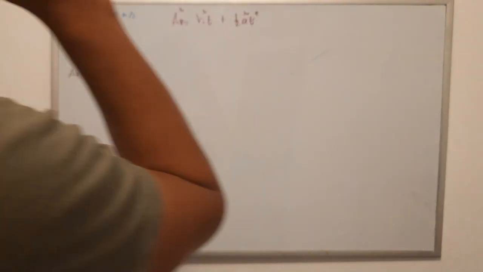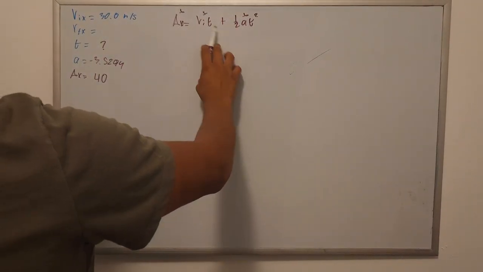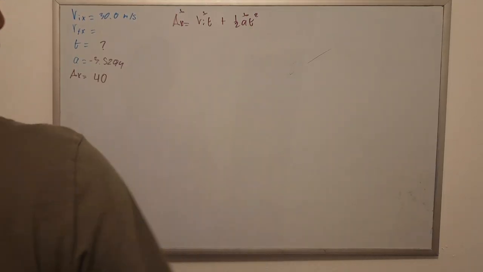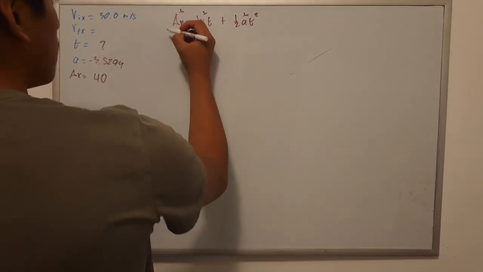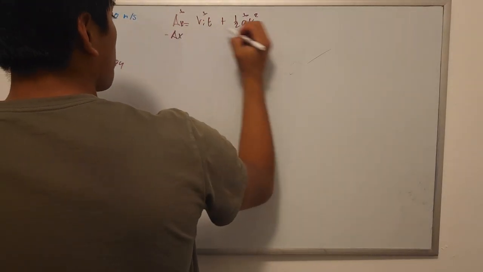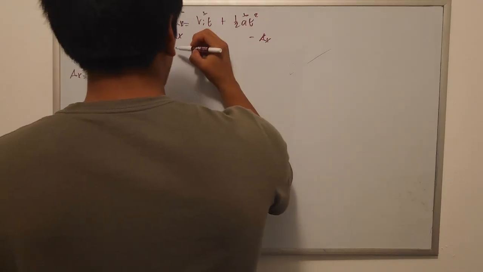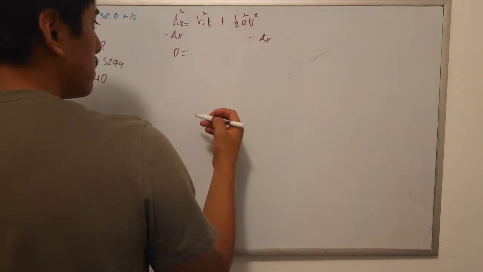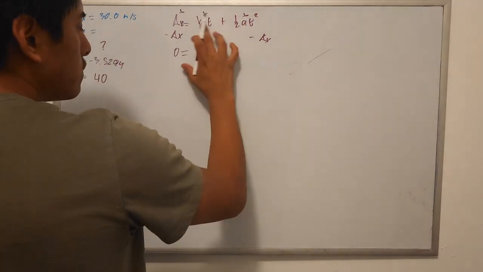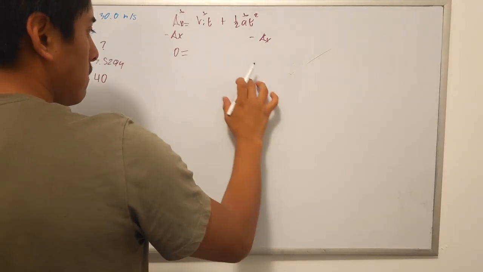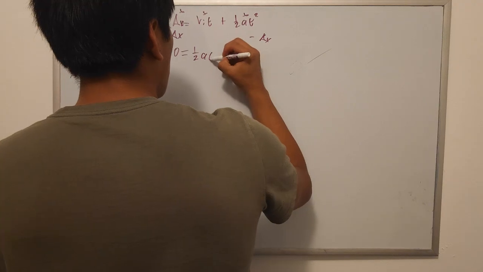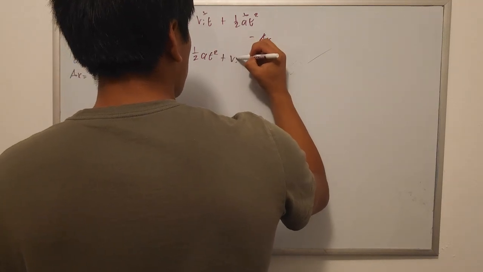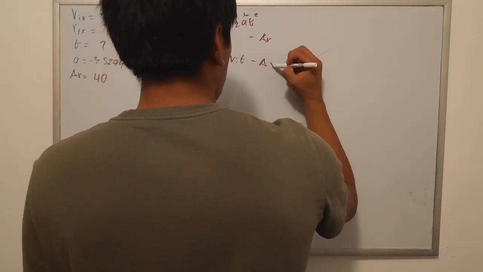Since t is what we're looking for, but we have a t right here and a t squared right here, this is going to be a quadratic equation. So we move the delta x over and set all of this equal to 0. I like to rearrange it so that it's like a, b, c: 1/2 at squared plus vi t minus delta x.